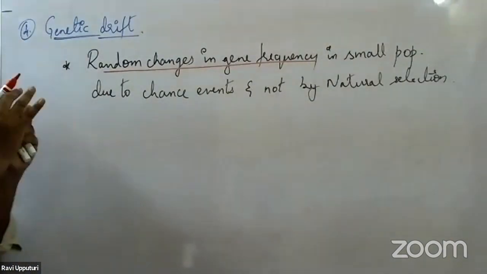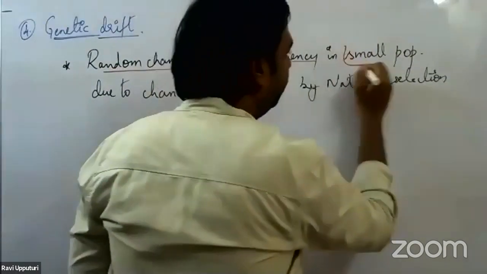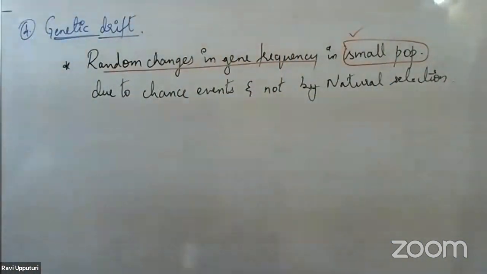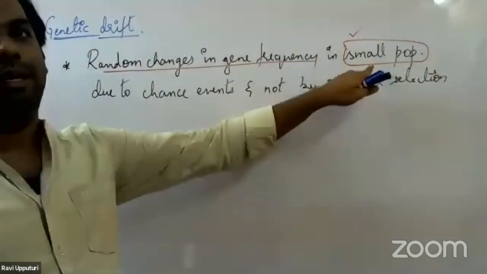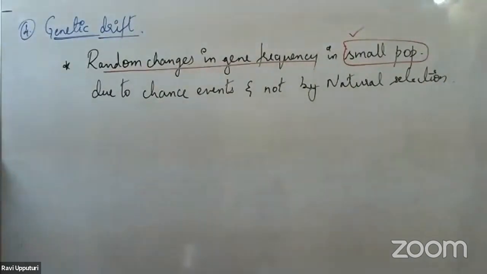So where are these random changes in the gene frequency happening? Another important one, always in a small population. Whenever you find the term small population, you can automatically link it with genetic drift, because genetic drift would be seen only in the case of small population. So the second one is small population.